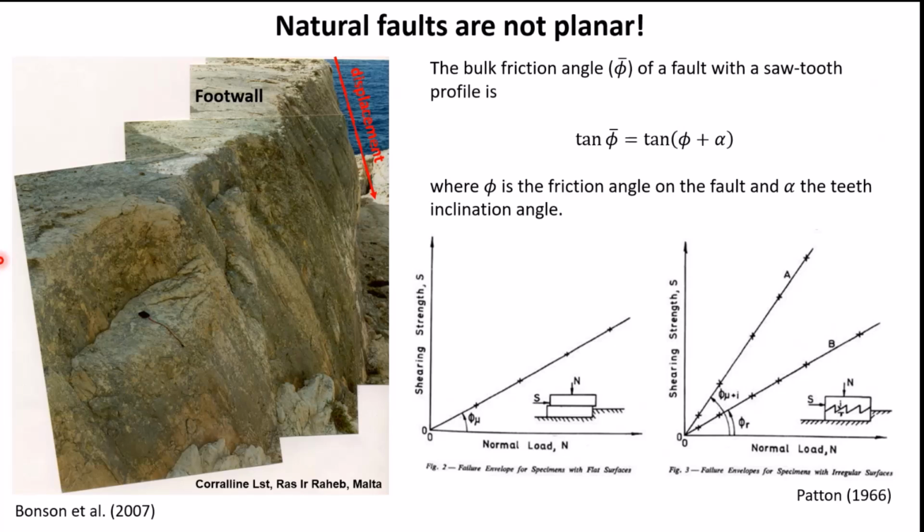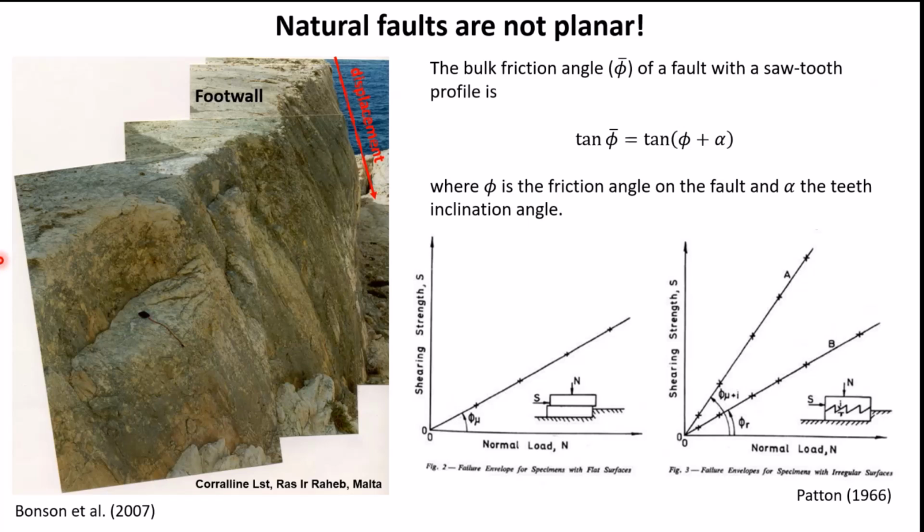Faults are not planar. Faults are irregular. They have corrugations, this waviness, and so, what's the friction coefficient of these faults? You can't really take the local friction. You have to take the friction coefficient of that irregular plane.